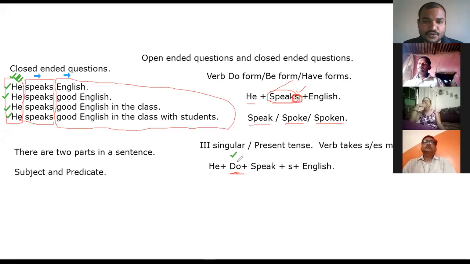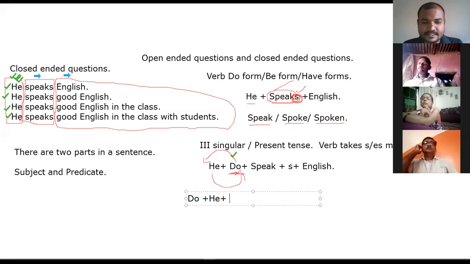So now what we are going to do is we are just replacing the helping verb and subject, exchanging their places. Okay. So if you exchange the places, what comes first? Do plus he plus speak plus English. So this is the actual formation.